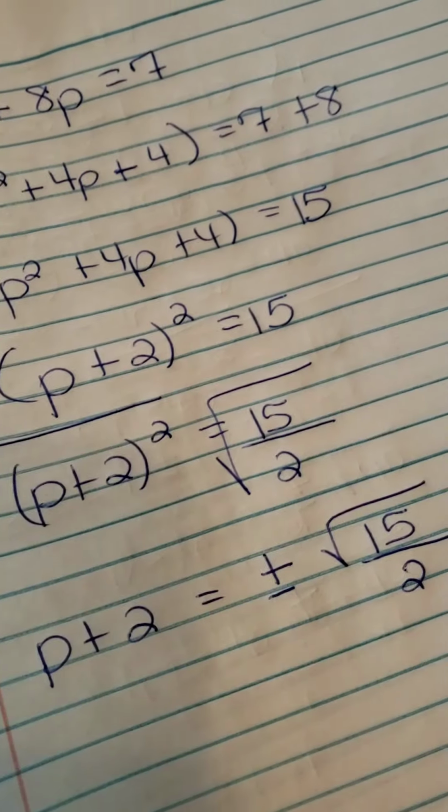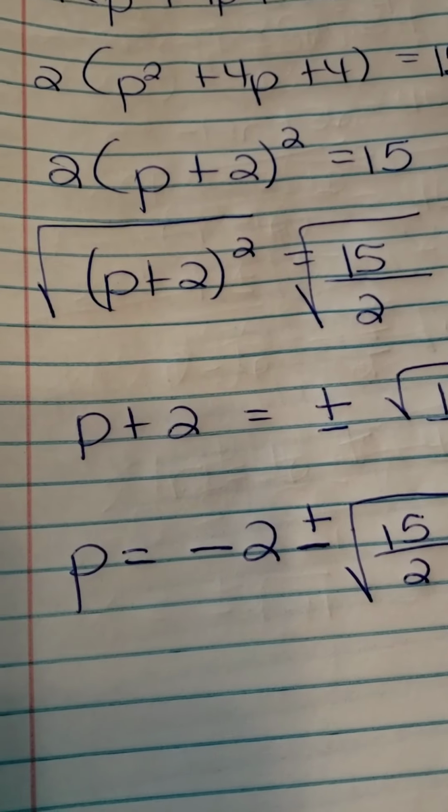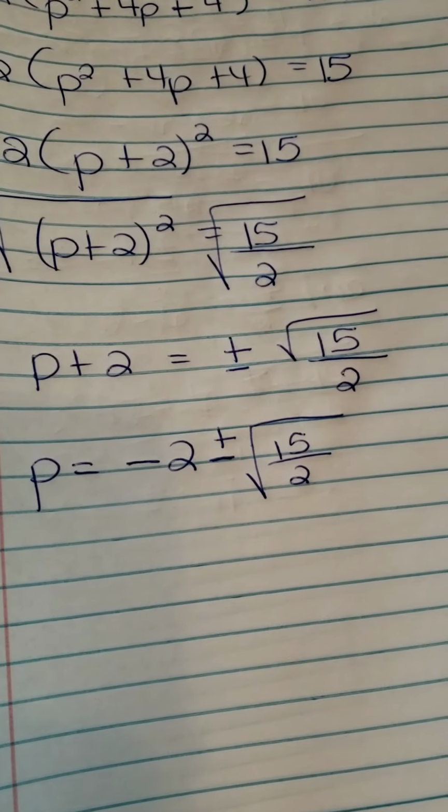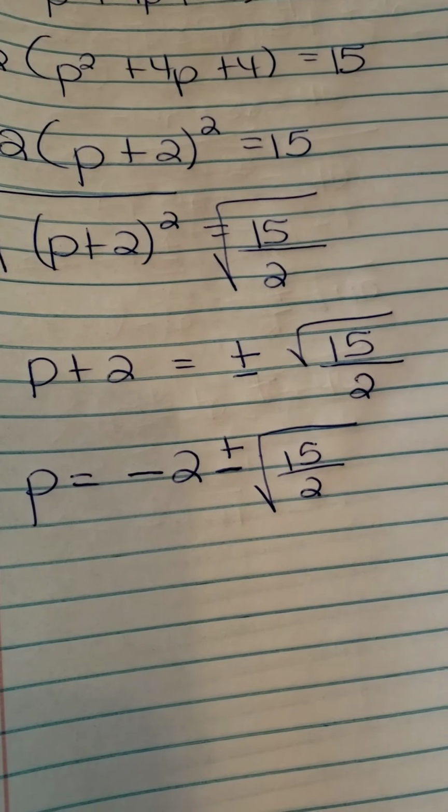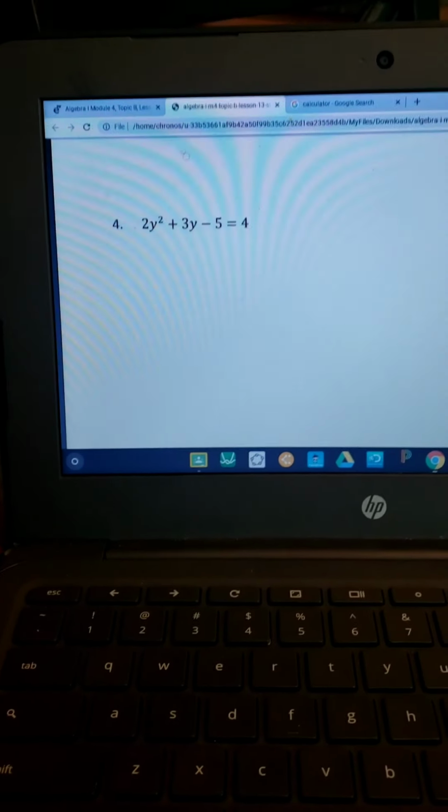All right, and you should have p plus 2 is equal to plus and minus the square root of 15 over 2. I'm now going to subtract 2 from both sides. All right, and this is what you should have. So p is equal to minus 2 plus and minus the square root of 15 over 2.